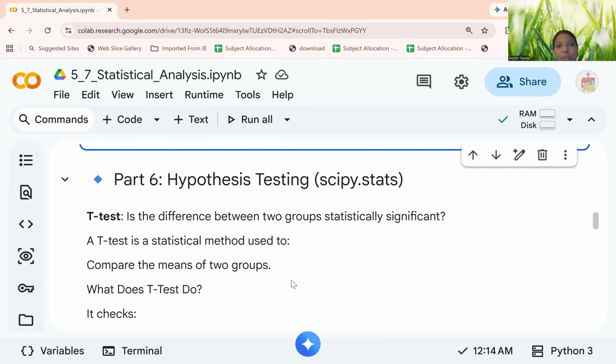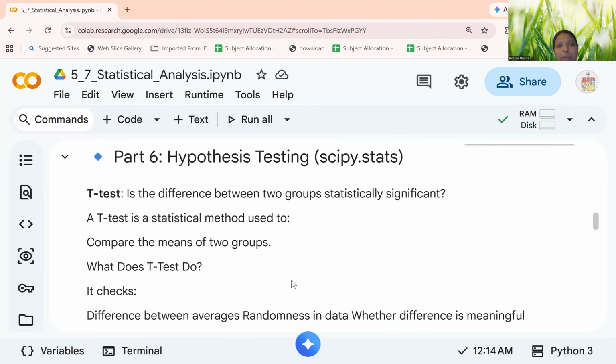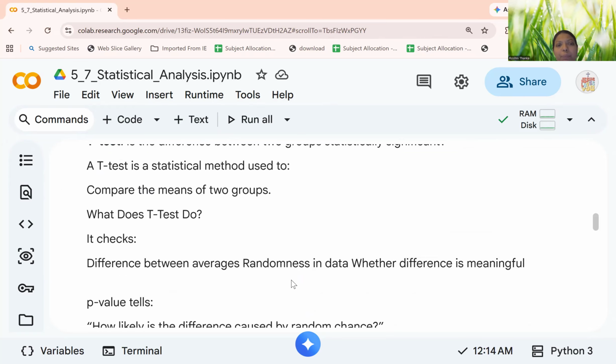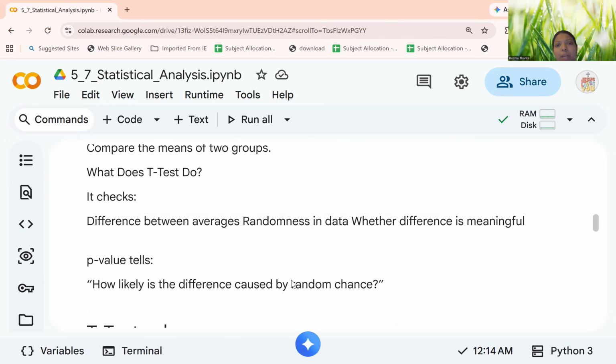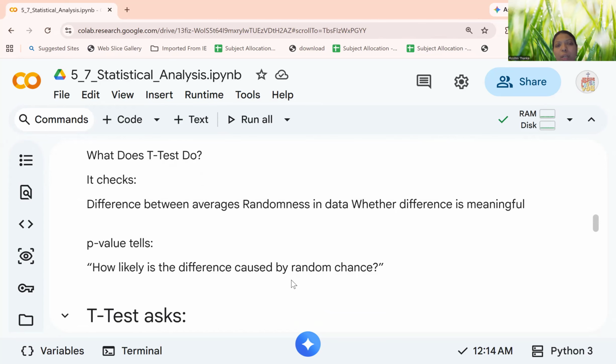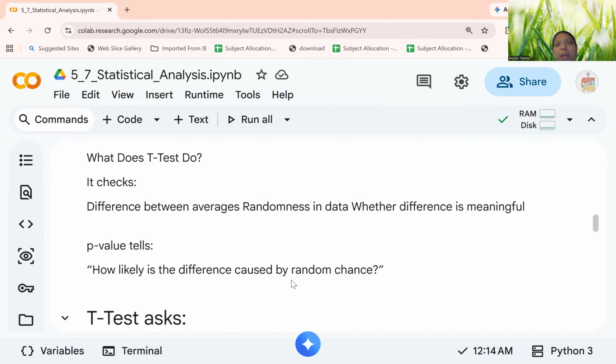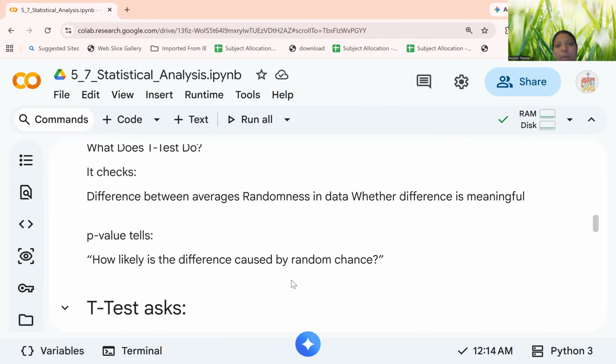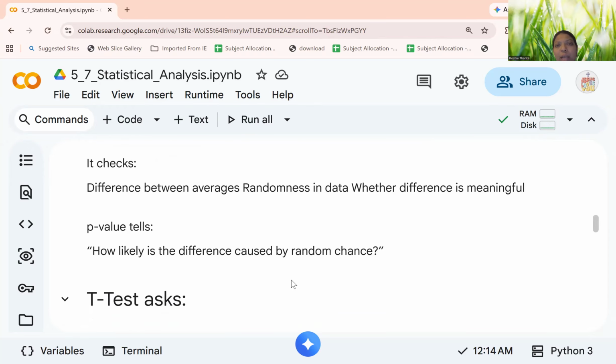Whenever we want to compare two groups, we can use the t-test. The two groups' mean values are compared here. We check the difference between averages and whether the difference is meaningful or just randomness in the data. So the t-test gives the comparison of means between the two groups. The p-value says whether that difference is actually real or a random value.